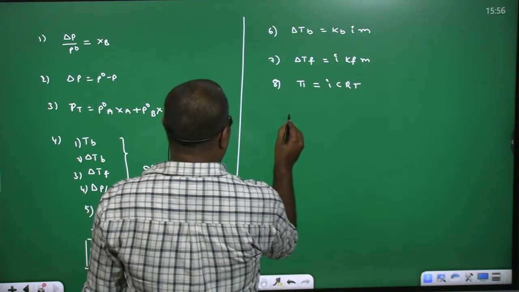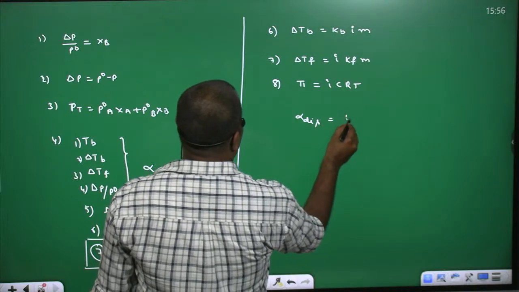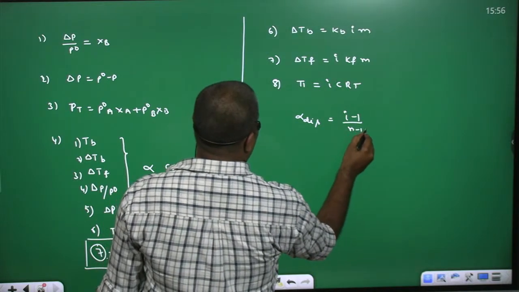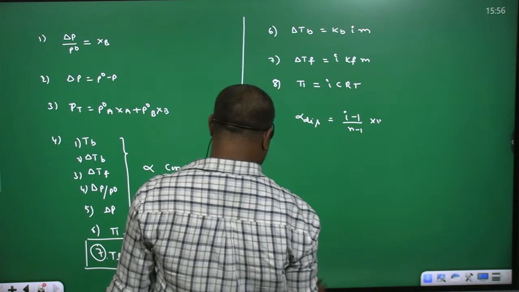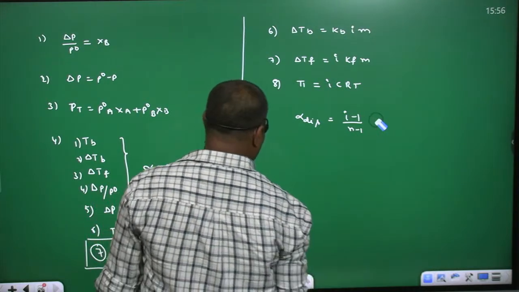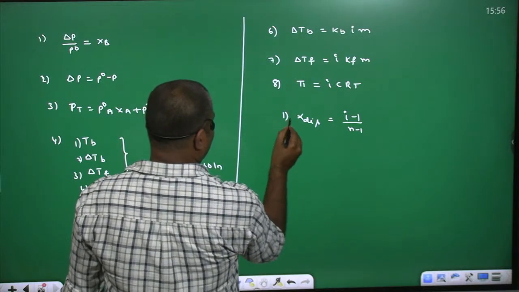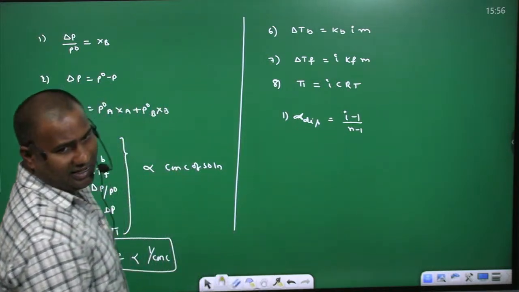If you need to find I value for alpha dissociation equal to I minus 1 by N minus 1 into 100 for percentage. Otherwise for dissociation I minus 1 by N minus 1. Alpha dissociation means dissociation percentage.